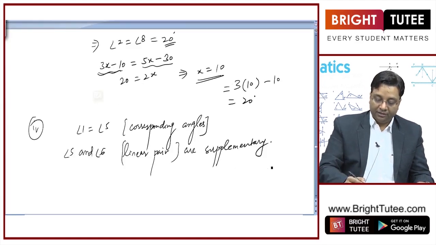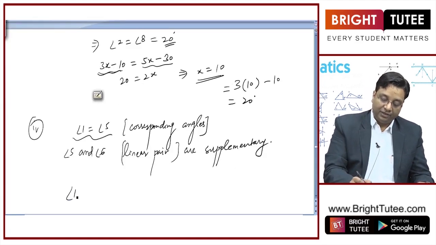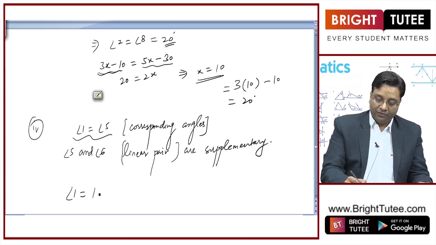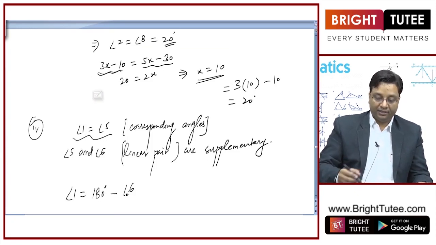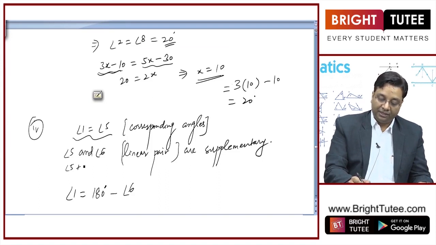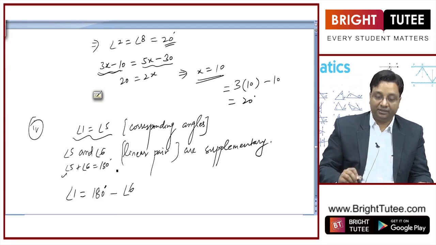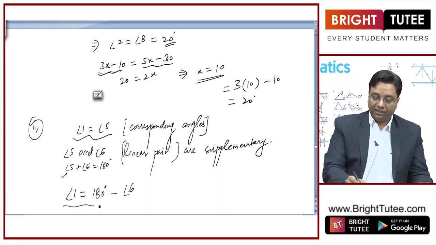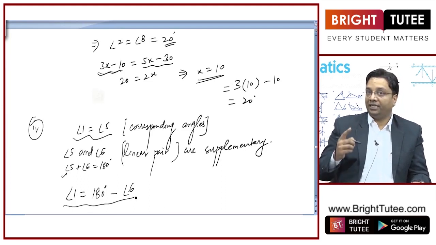So what I can write here is angle 5 plus angle 6 is equal to 180, hence angle 5 is 180 minus angle 6. So this is the relation I have got between angle 1 and angle 6.